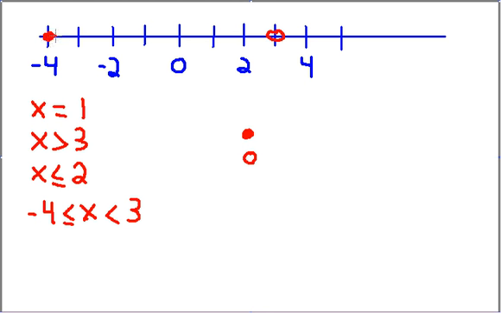And then we simply connect these two together with a solid line. So this graph here tells us that x is less than 3, but greater than or equal to minus 4. This then is the graph for our final mathematical inequality here.